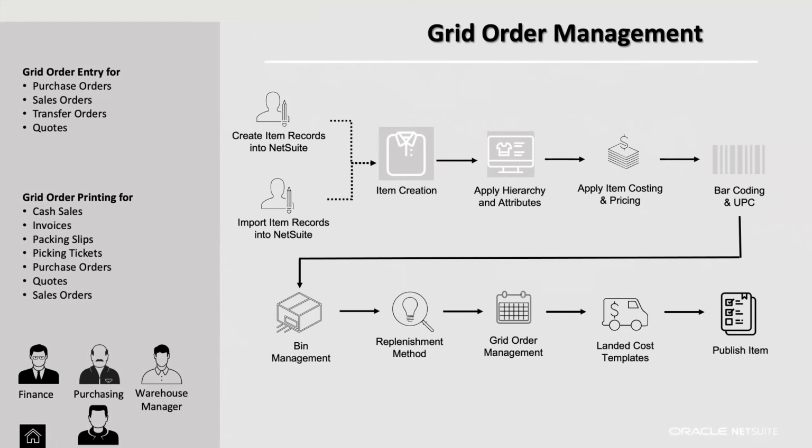Often, but not exclusively, it's used by those in the clothing industry, such as when you've got the same item in different colors and different sizes, and you just need to represent that in a simple way. Grid order management simplifies this view in NetSuite of the various products you want to purchase and sell, and it also allows you to print out that same matrix on the documents listed over here on the left.